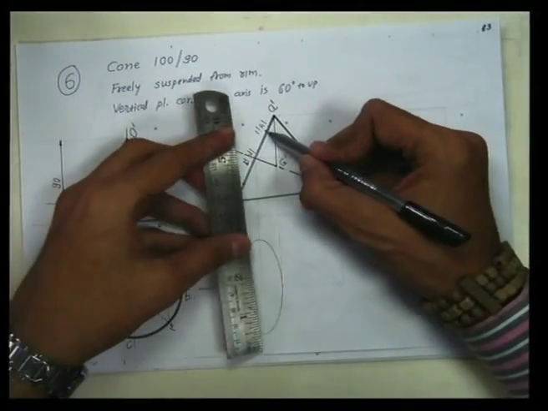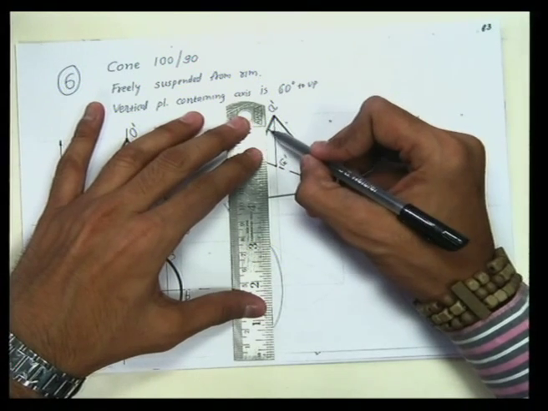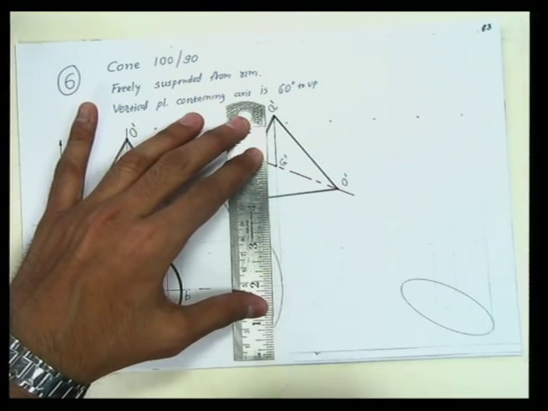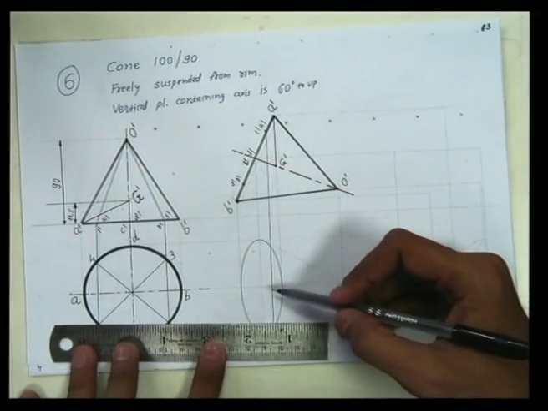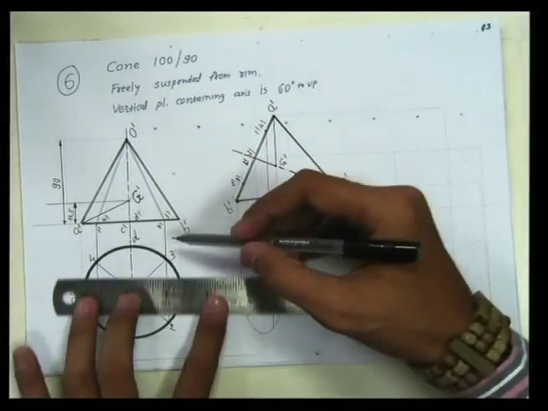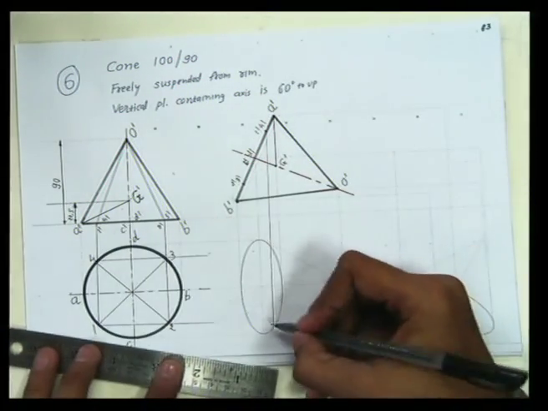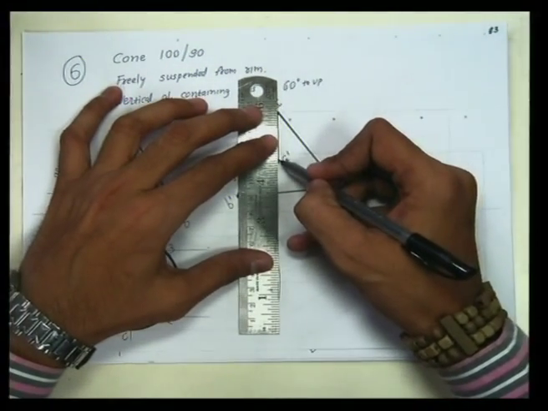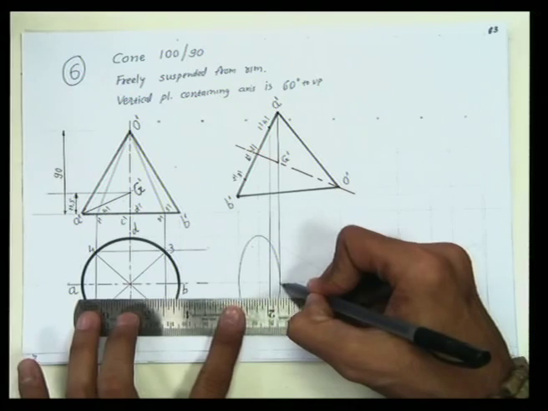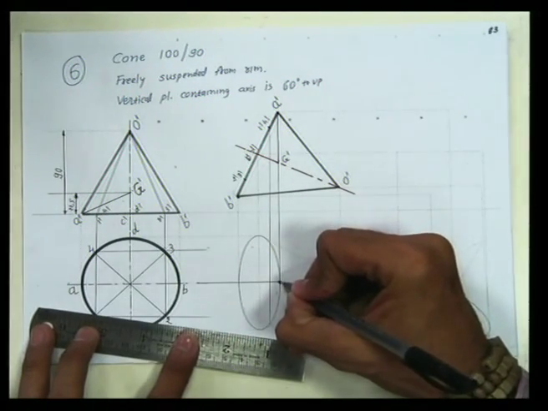Now from these points 1, 2, 3, 4, draw vertical lines like this, and horizontal line from 1 to this one, and horizontal line from point 3 and 4, 1 and 2, and locate the points. Vertical line from point A like this, and horizontal line from point A. So here is one point somewhere here.